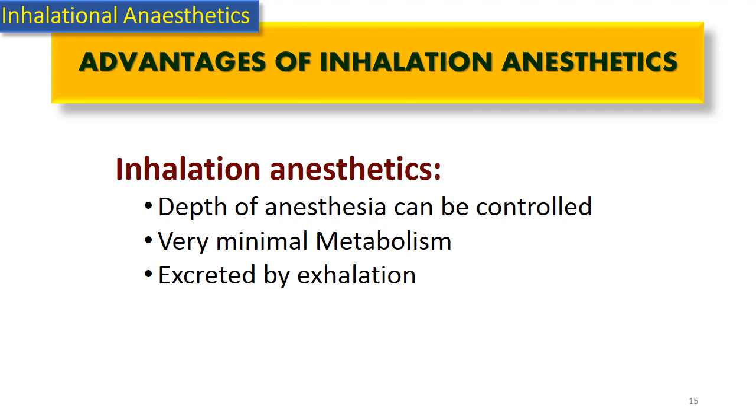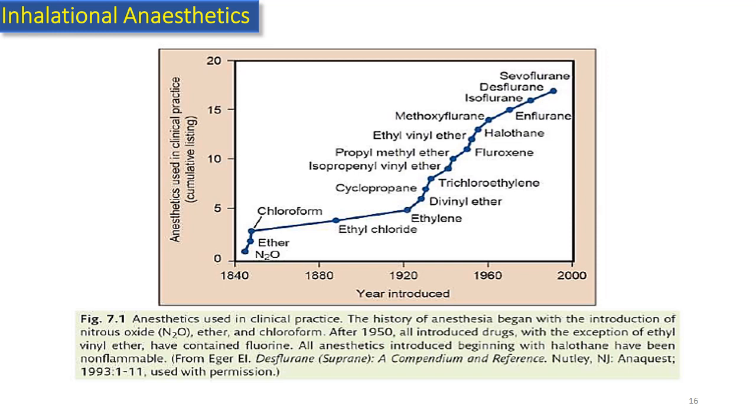The advantages of inhalational anesthetic agents are that the depth of anesthesia can be controlled, there is very minimal metabolism, and they are excreted via exhalation. This graph shows the year of introduction of inhalational anesthetic agents into the market. The first one is nitrous oxide, which was introduced in 1846, then ether and then chloroform.